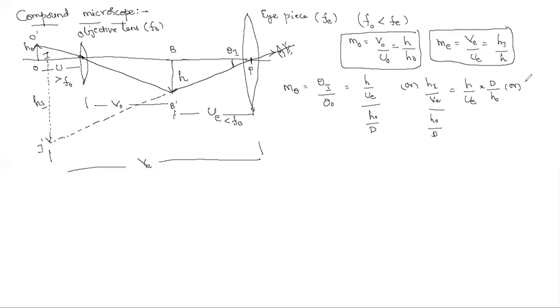Or this equation, h_i by v_e into D by h_o. To find this magnification, h by u_e is nothing but h_i by v_e from this equation.